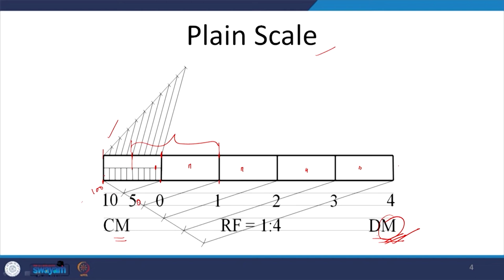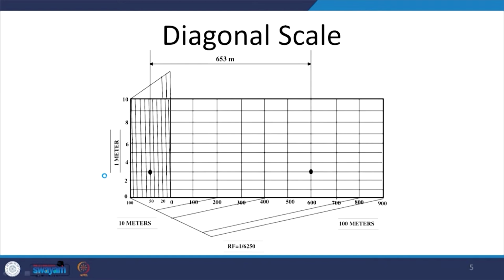It is not possible. So, to take it to the second decimal, we would use this diagonal scale, which is much easier. What we do here is, for the first line, this is a 10 centimeter line or 10 units line, and it represents 100 meters. So, each one represents 100 meters, 100 units.